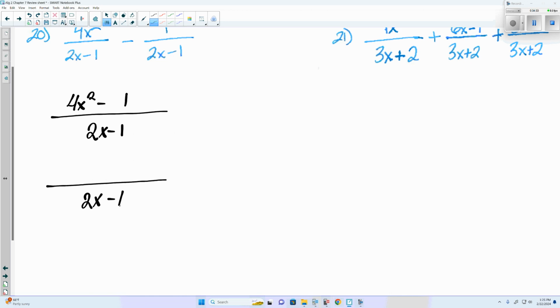Now, interestingly enough, the numerator is factorable. 4x squared minus 1 is factorable, and it is a difference of perfect squares, because what times itself is 4x squared? 2x, and 1. So we'd have 2x plus 1, 2x minus 1.